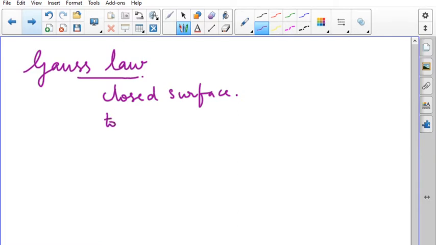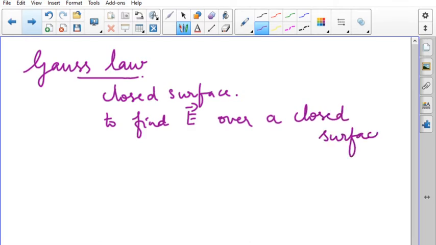To find the electric field over a closed surface, that is the aim of this law.